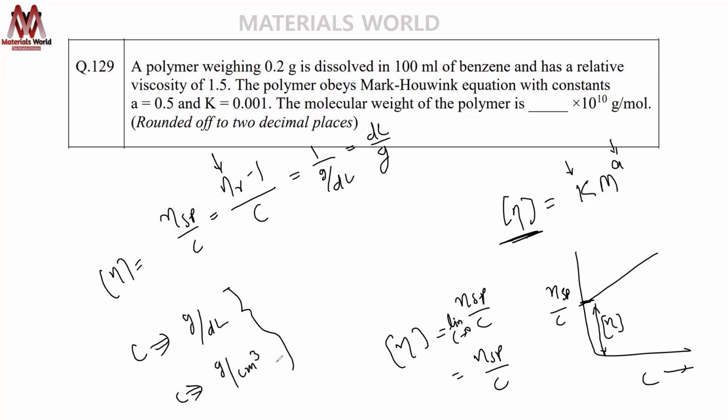In that case, your unit will be centimeter cube per gram. So the unit could be deciliter per gram or centimeter cube per gram. Then what should be the unit of K and a?